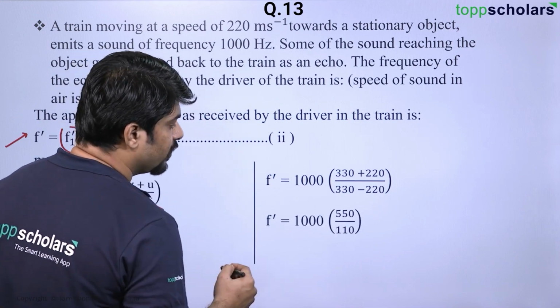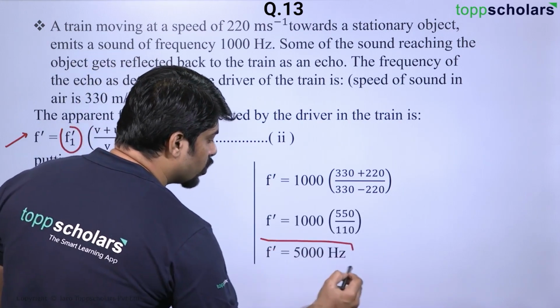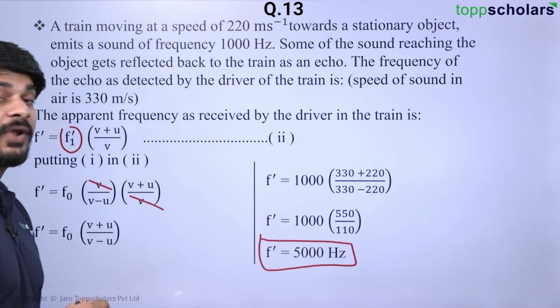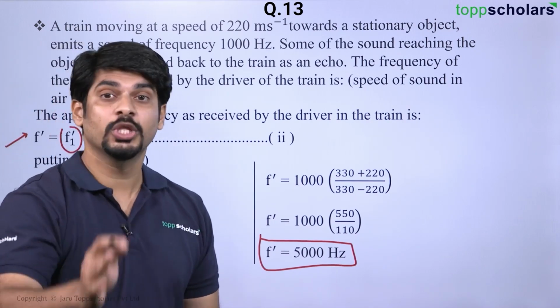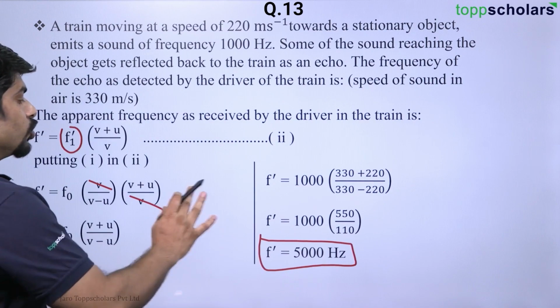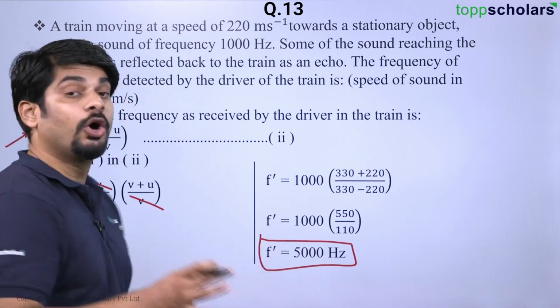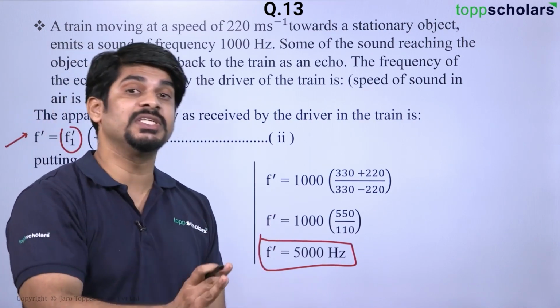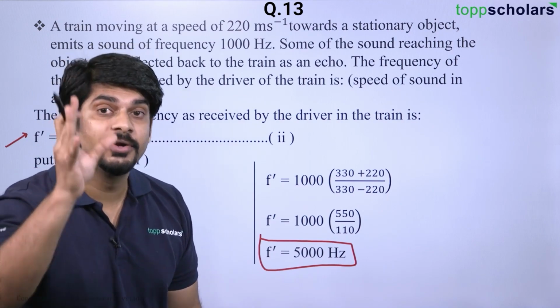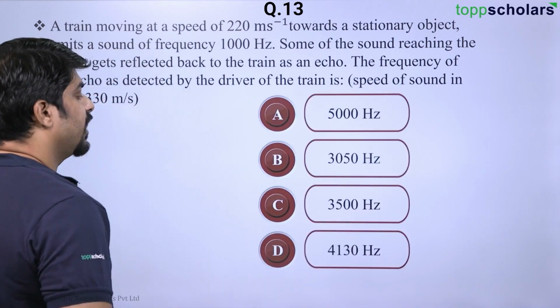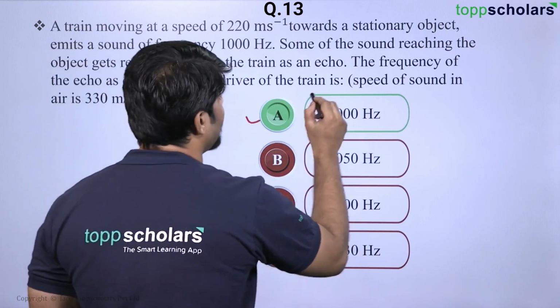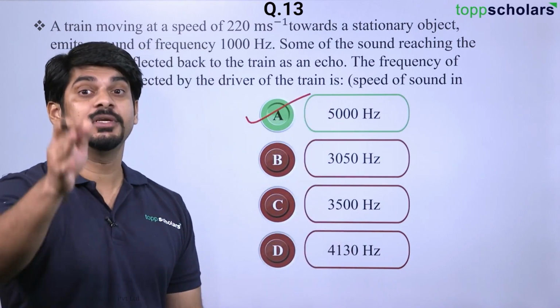After solving, we get 5000 hertz. So f dash is equal to 5000 hertz. This is the frequency of sound as received by the driver in the train, so the correct answer is option A, that is 5000 hertz.